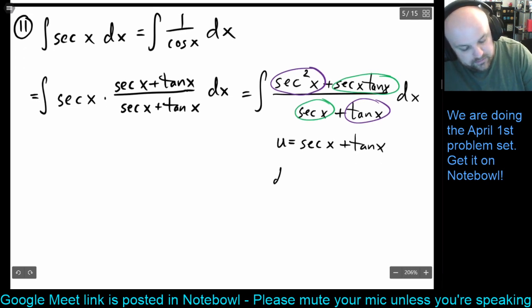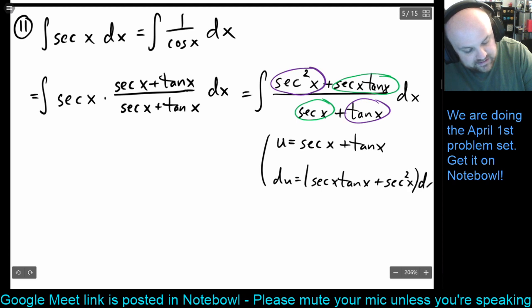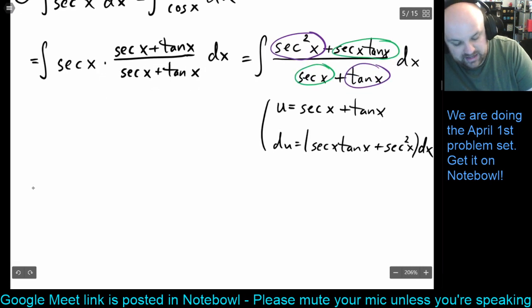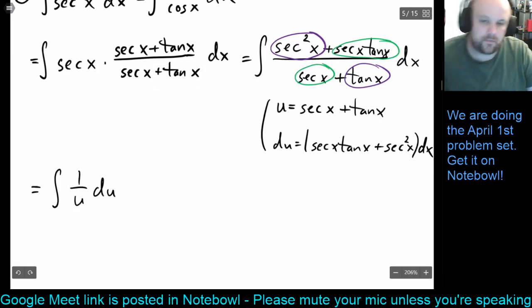Then du is going to be, well, let me write it in the right order for this. Secant x tangent x plus secant squared x dx. So what then happens here is this becomes an integral of 1 over u du.